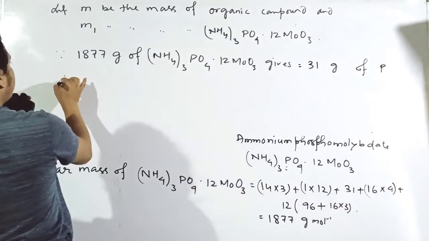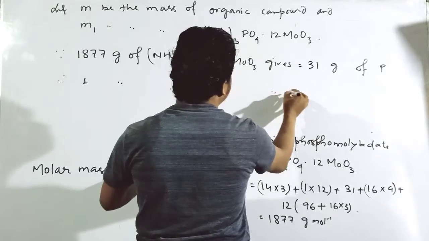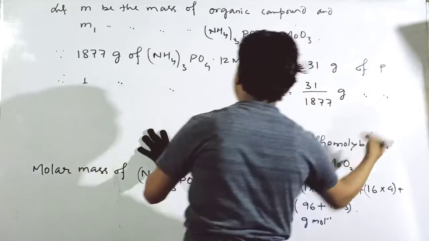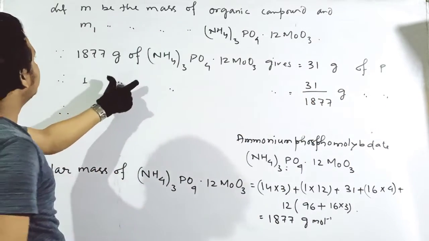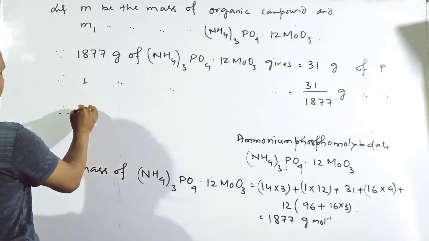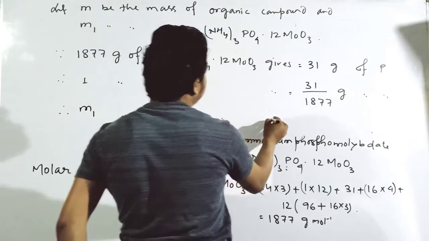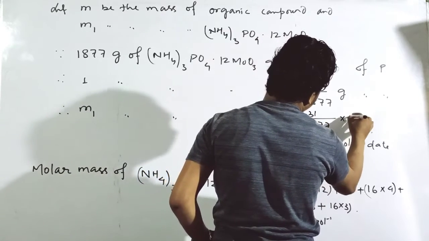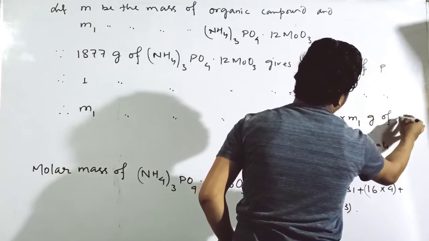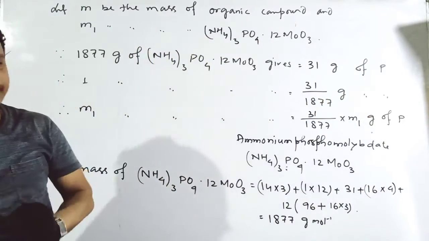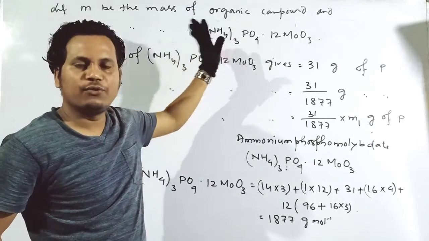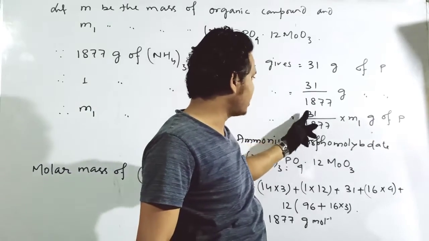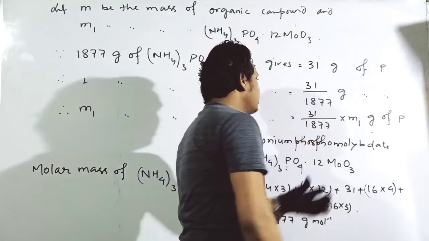Therefore 1 gram gives 31 by 1877. We have considered that M1 gram of this is present, so it gives 31 by 1877 into M1 gram of phosphorus. So the mass of phosphorus is 31 by 1877 into M1.